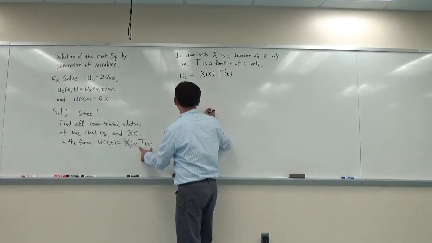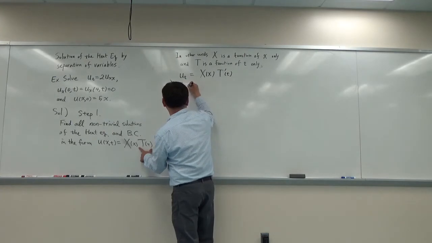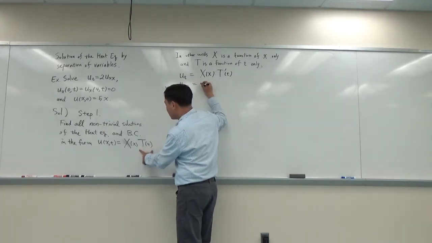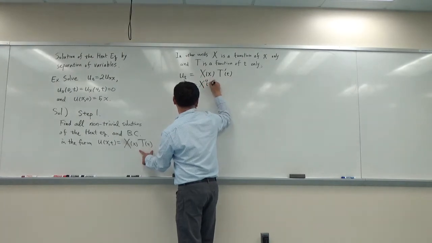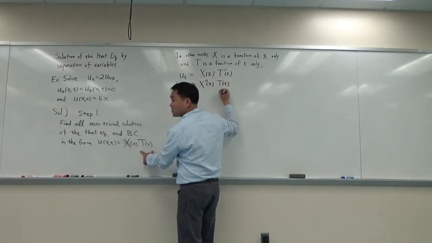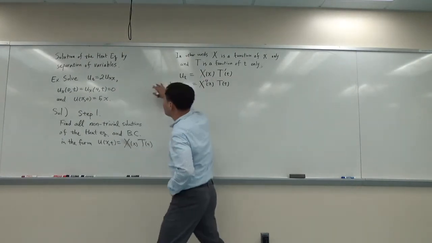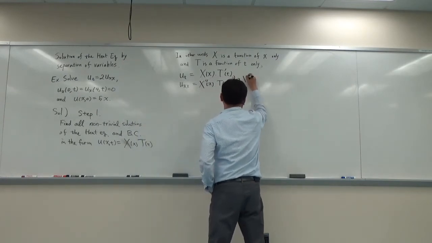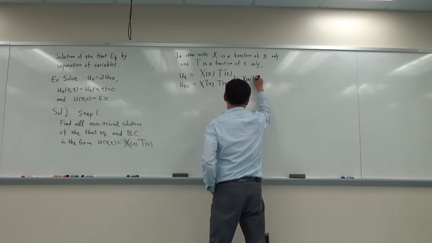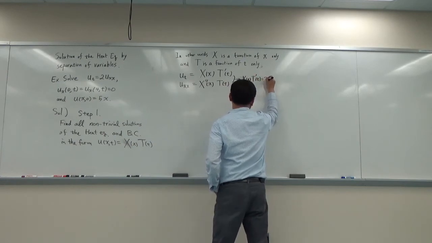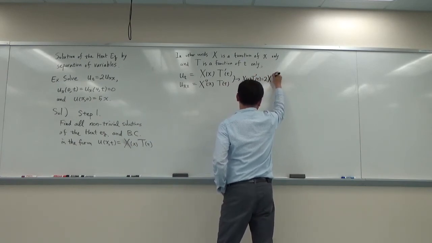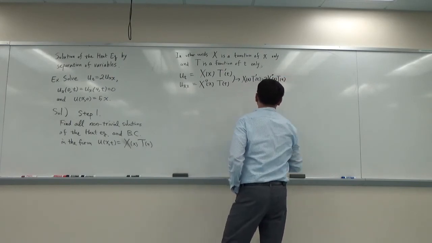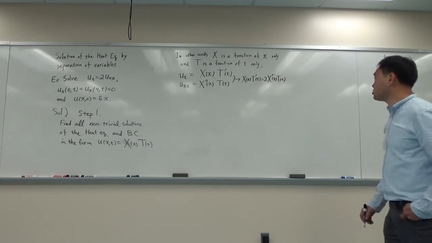And u_xx would be what? X double prime of x times t of t, right? So now you plug it in here, you get X of x T prime of t equals 2 times X double prime of x T of t. So that's what happens to the heat equation.